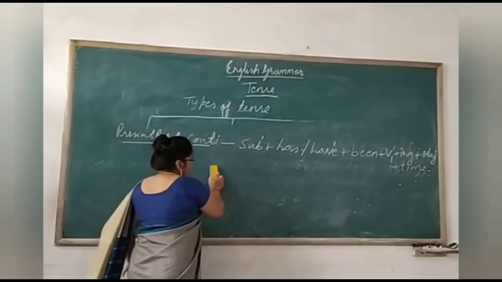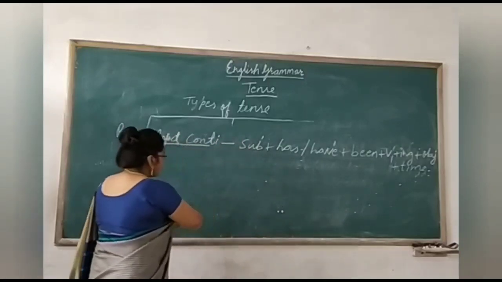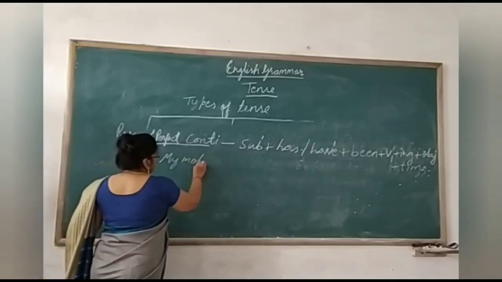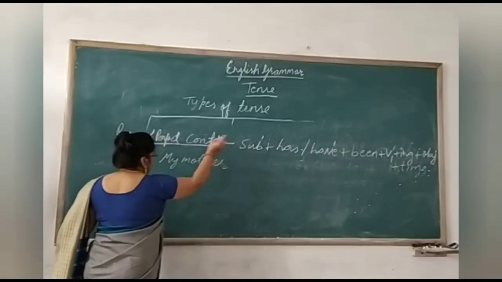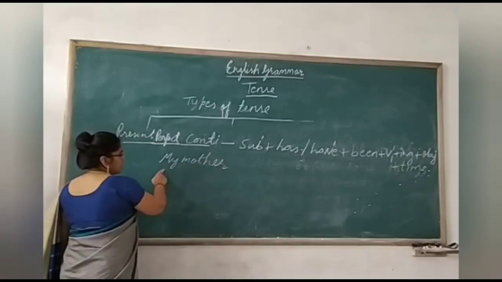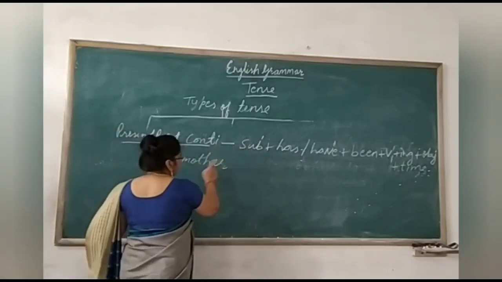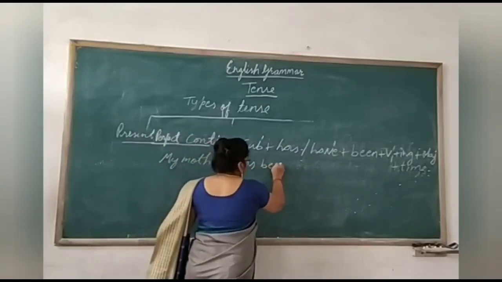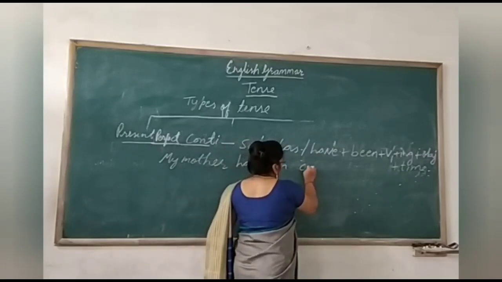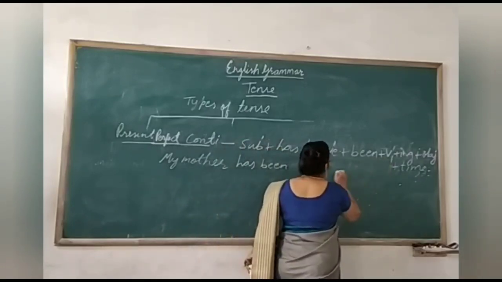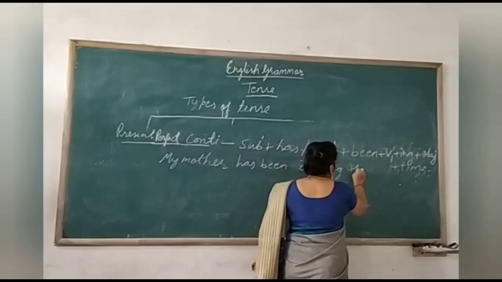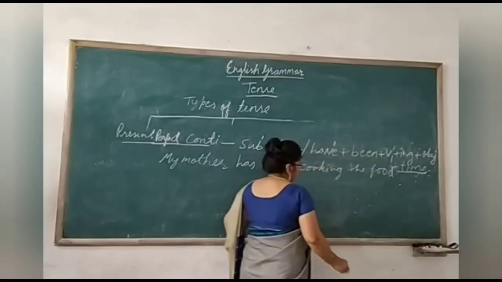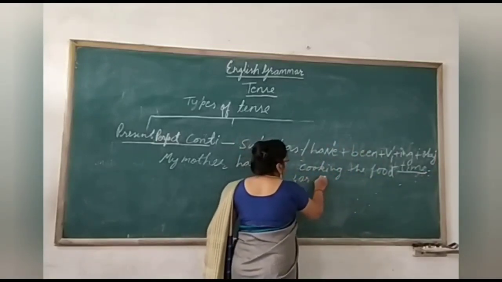With the help of the structure, let us form the sentence. The same sentence that I have taken, that is my mother. Just with the help of the structure, we'll construct the sentence here. My mother, subject is my mother, has, because mother is singular, then been, then cook, what will you add? ing, the food. If you want to mention the time, children, then for 2 hours.